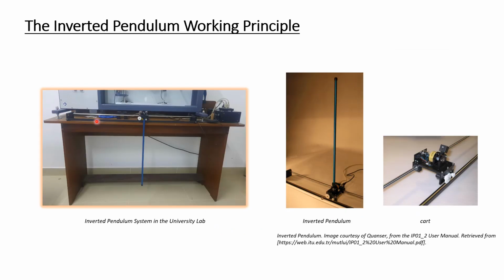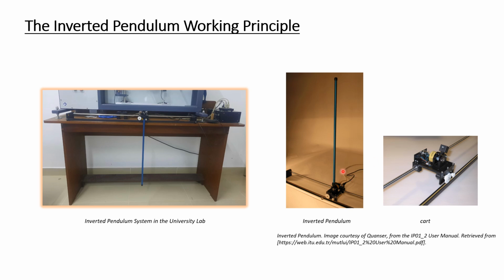This is the inverted pendulum setup consisting of a cart, a pendulum and a sensor. Let's see how it works. The cart moves left and right to balance the pendulum. It's driven by DC motors, which generate the necessary force to stabilize the system.